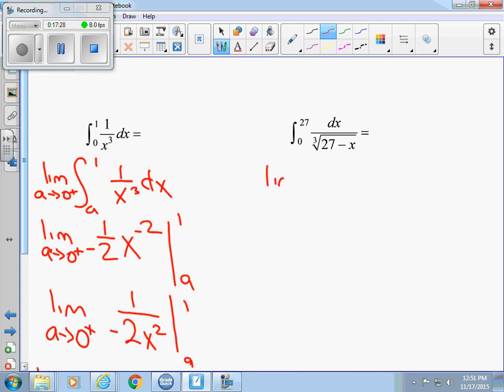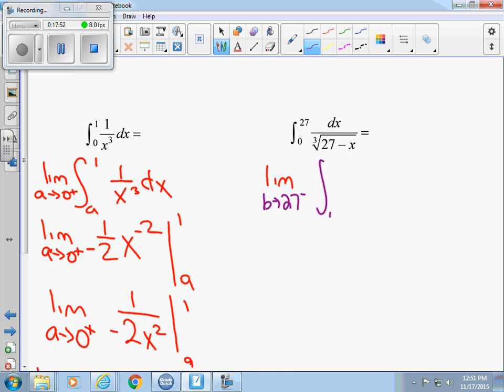So I'm going to do the limit as b approaches 27. And which side am I approaching 27 from? From the left this time. Again, it's not a huge deal unless it only has the limit from one side, and so it is important for you to know which side you are looking for the limit.